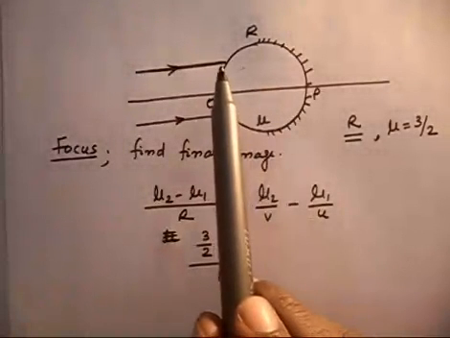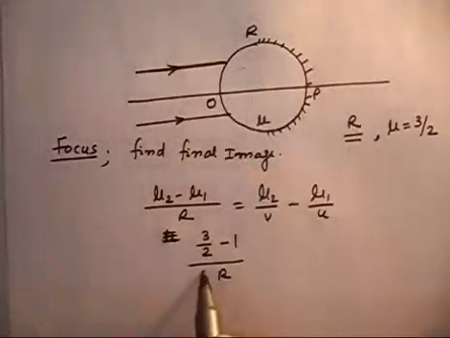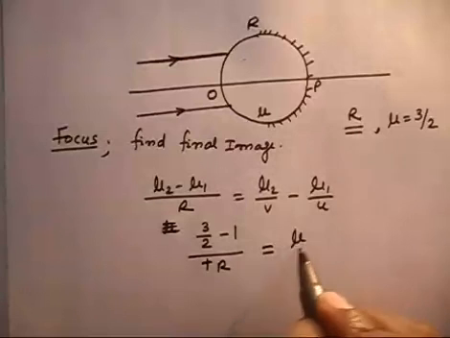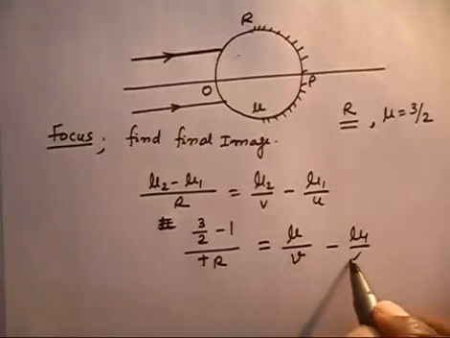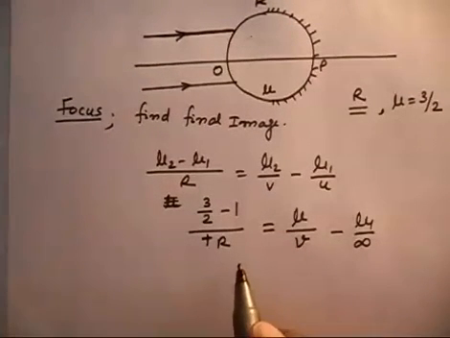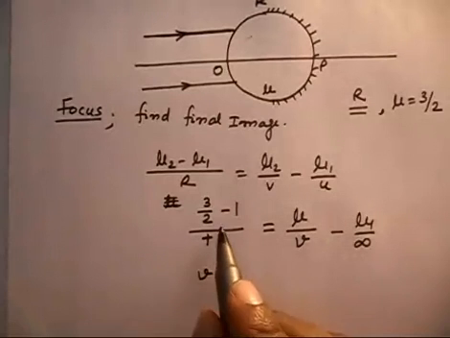Incident ray is in this direction, and radius is also in this direction, so this is positive. Is equals to mu2 by V, I have to find it out, minus mu1 by infinity, because ray is coming from infinity, so this term is 0. So I can say V is nothing but, what is this?